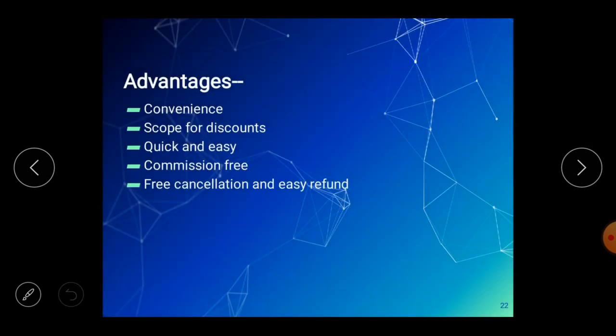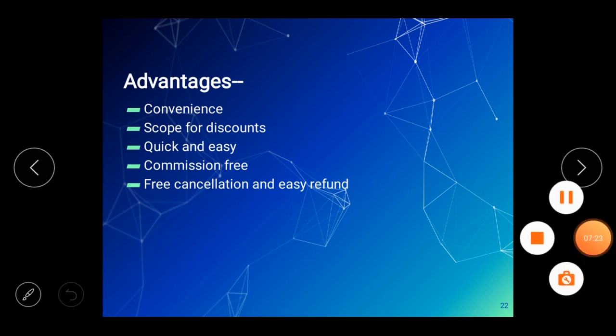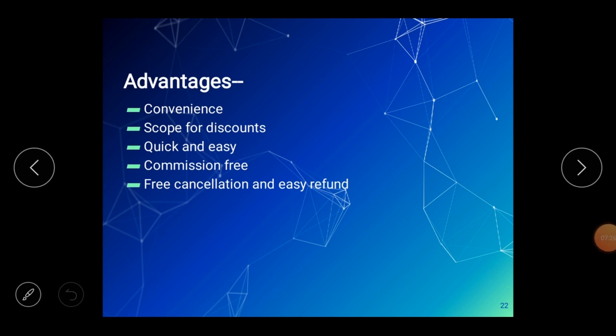The main advantages of e-reservation are that it is convenient, with scope for discounts. Many sites provide many types of discounts on tickets. It is quick and easy, we can do it in a very small time, there is no commission fee, and if you want to cancel it, there is no need to stand in a long queue. We can easily cancel it, and the refund is also easy online.